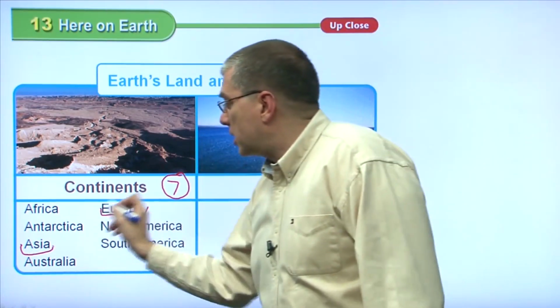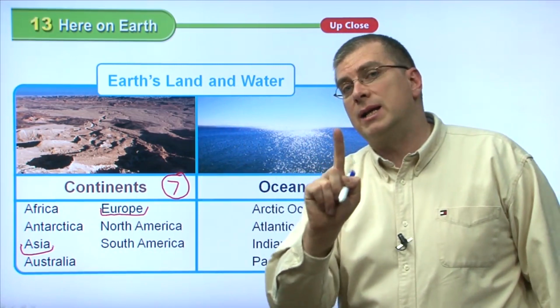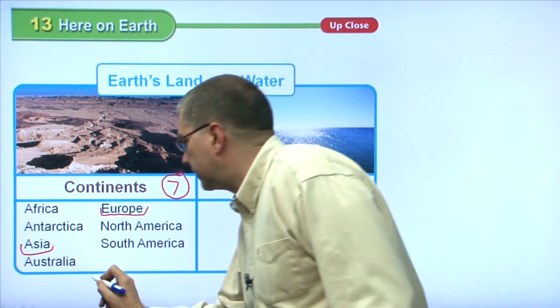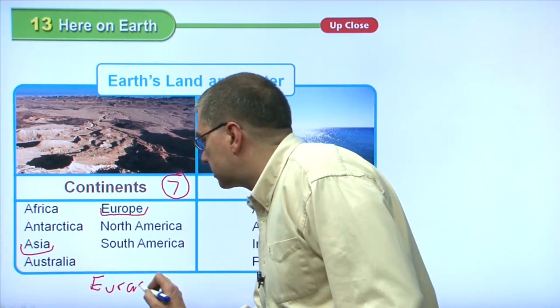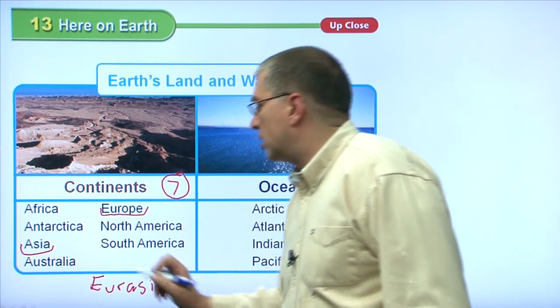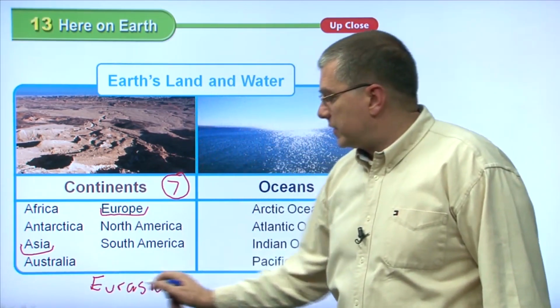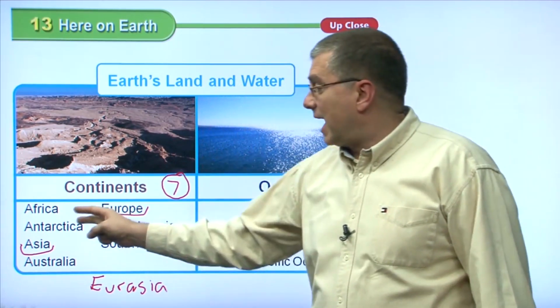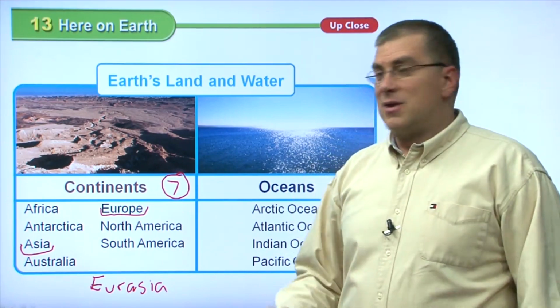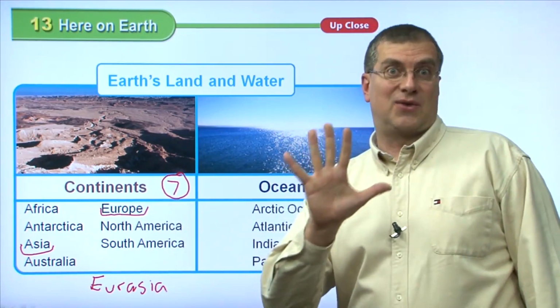Some people consider Europe and Asia as one continent, and they call that continent Eurasia. So in some countries, they consider Eurasia as one continent. And if they also teach that Antarctica is not a continent, then in those countries, there's only 5 continents.